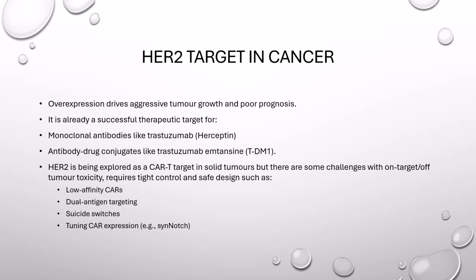So high affinity CARs may bind even to low levels of HER2 on normal tissues. Some tissues have this low level of HER2 expressed on them, and we don't want high affinity chimeric antigen receptors that will target those tissues, because those tissues are healthy, and we don't want that toxicity.